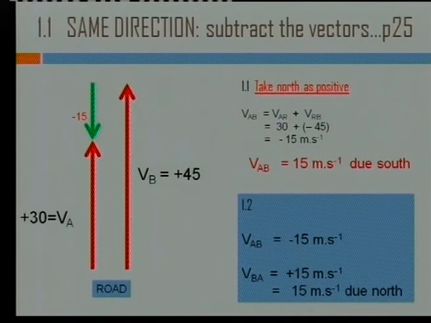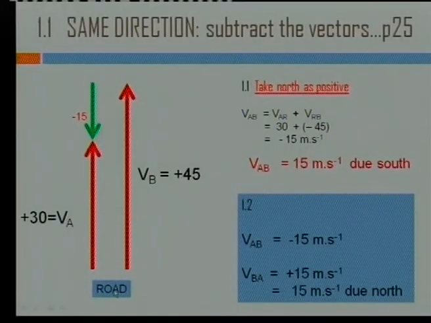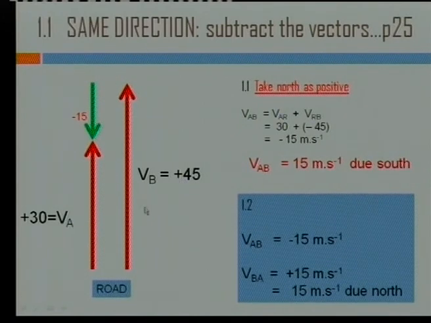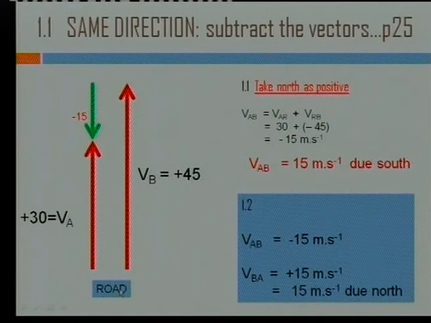And okay, someone wants to know, why does the plus 45 change to the negative 45? Remember, when I stand here and I view this vehicle, it's in a northerly direction, so the sign is positive. But when I rewrite it, B relative to the road, in other words, I view it from the road, then it is 45.